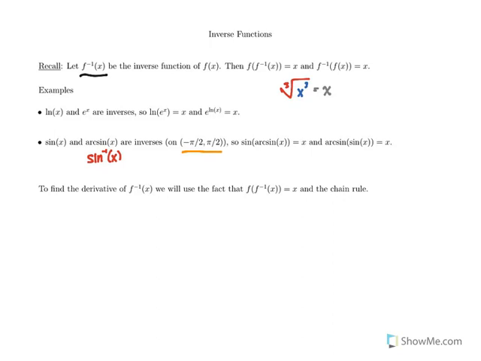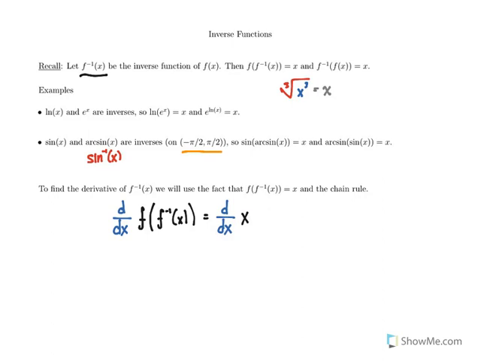So here's how that's going to work. To find the derivative of f inverse, we're going to use the fact that f of f inverse of x is equal to x, and we're going to use the chain rule. So we start with f of f inverse of x equals x, and we take the derivative of both sides with respect to x.